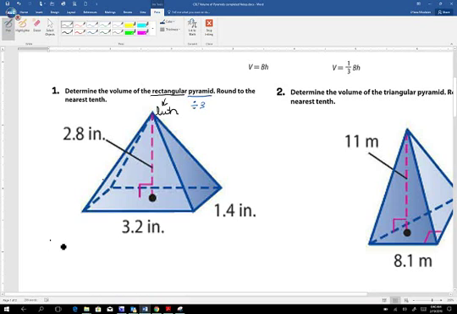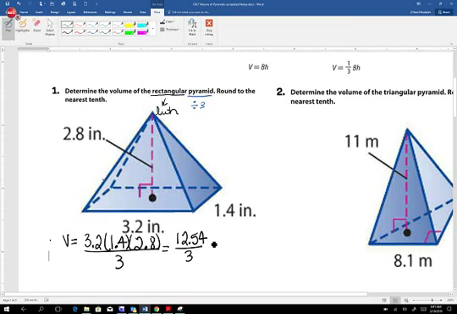So, the volume is length times width times the height divided by 3 because it is a pyramid. 3 and 2/10 times 1 and 4/10 times 2 and 8/10 equals 12 and 54/100.